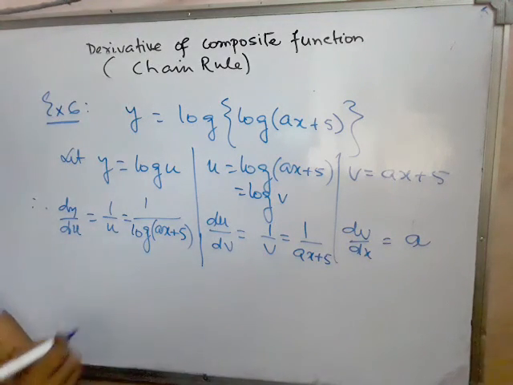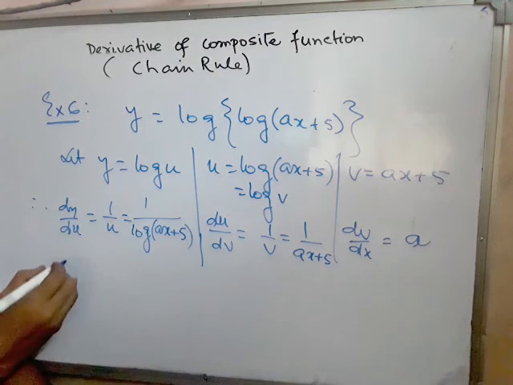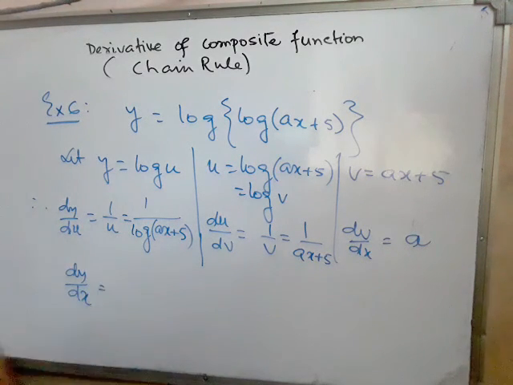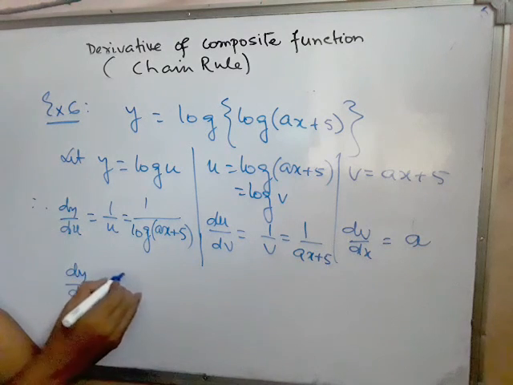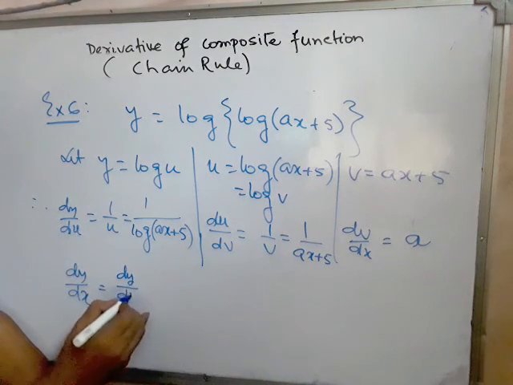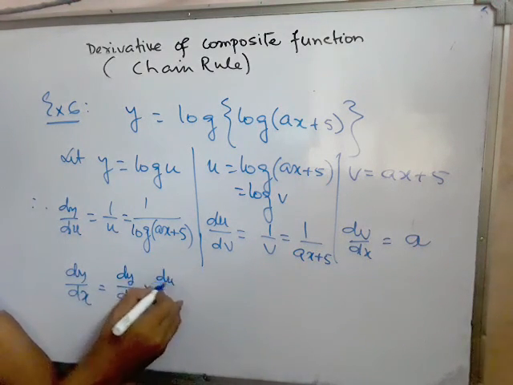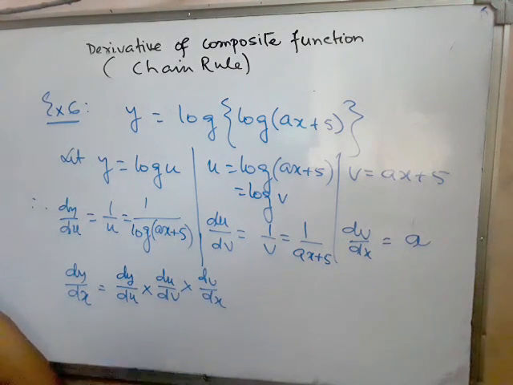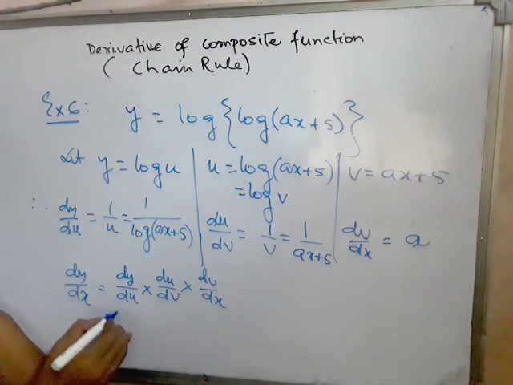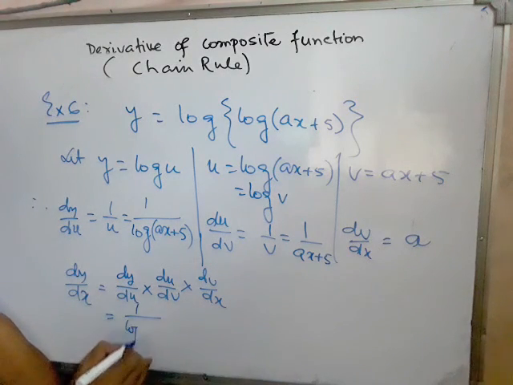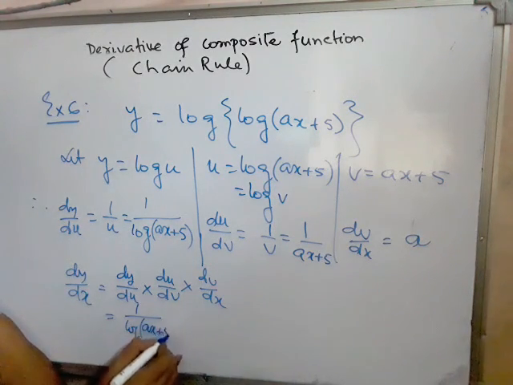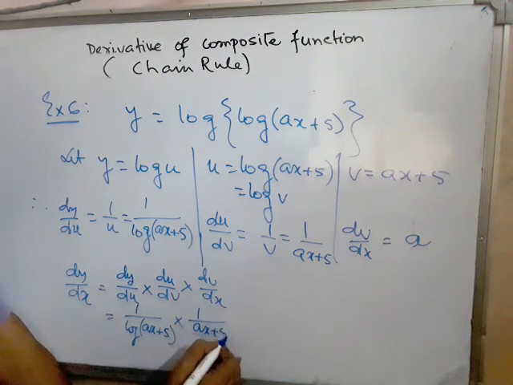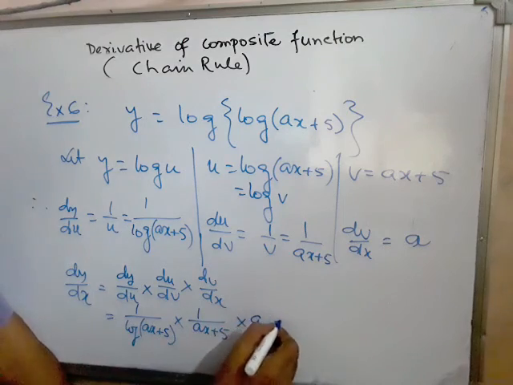So finally, dy by dx equals dy by du into du by dv into dv by dx, that is 1 by log of ax plus 5, 1 by ax plus 5, into a.